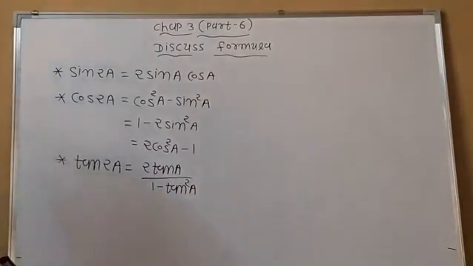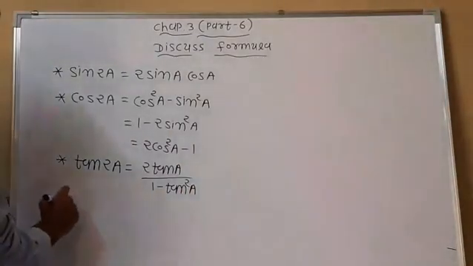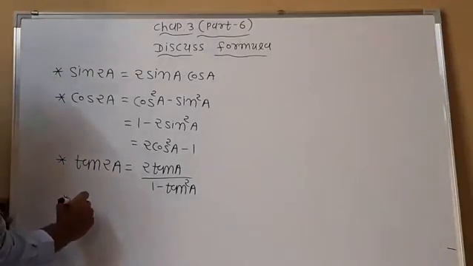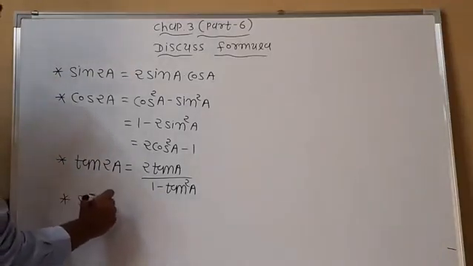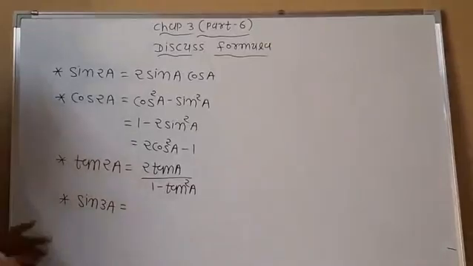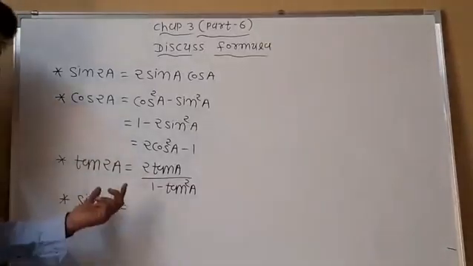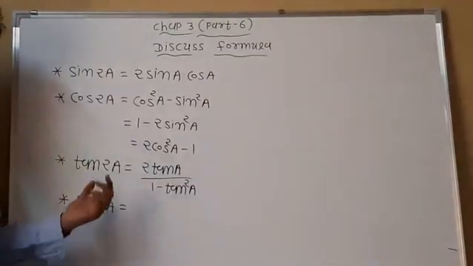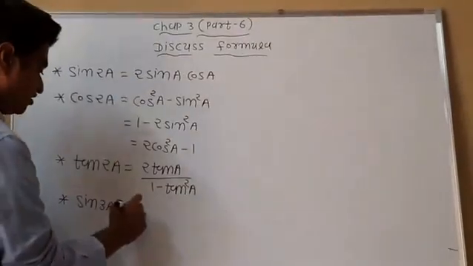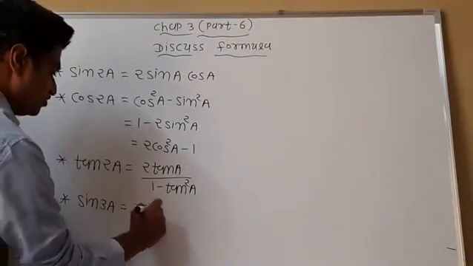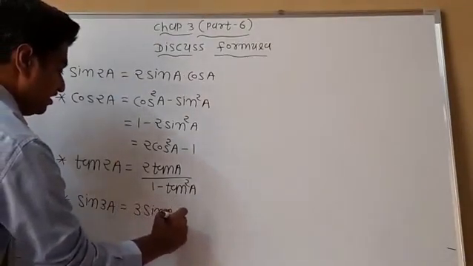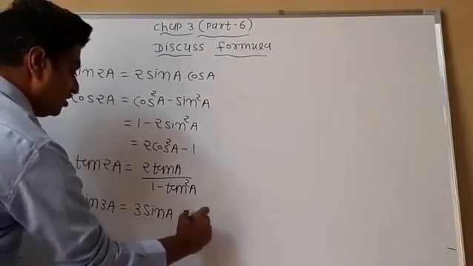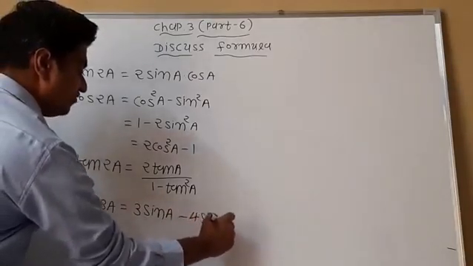Now the next formula, sin 3a. Sin 3a is equal to, the short form of sin 3a is 34. So how can we remember this formula? Here we first write 3 sin a minus 4 sin a.